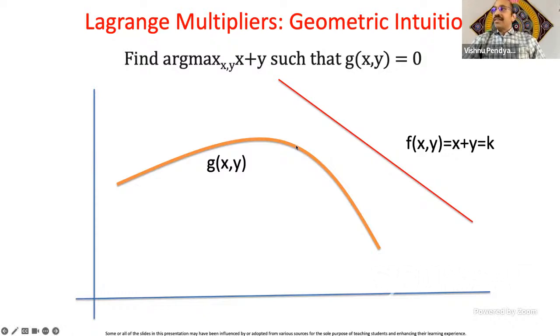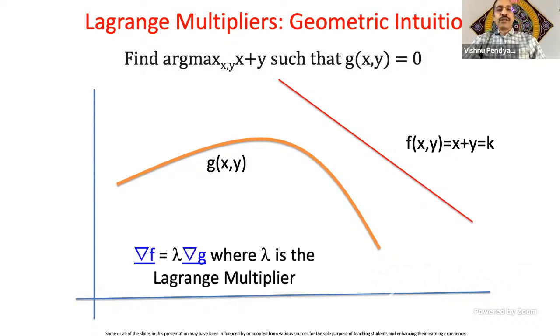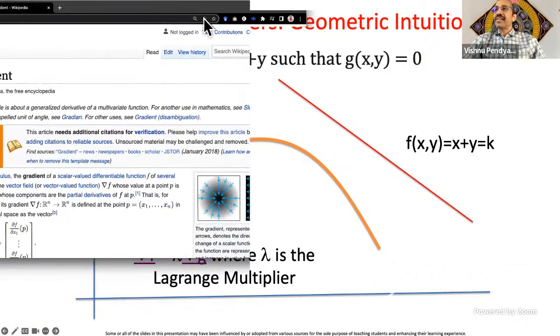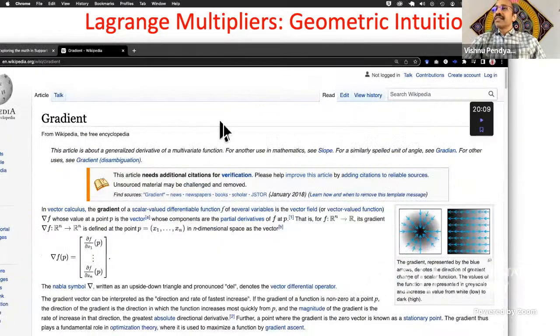Now, in univariate calculus, slope is given by the derivative. But in machine learning, we are talking in terms of several dimensions. So when there are several dimensions, the slope is the gradient, right? Gradient is basically a vector.